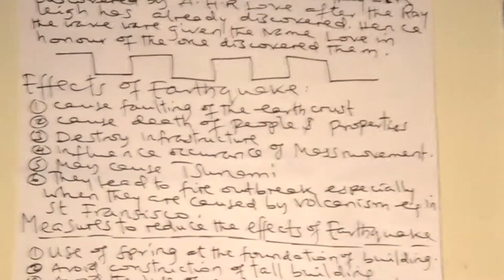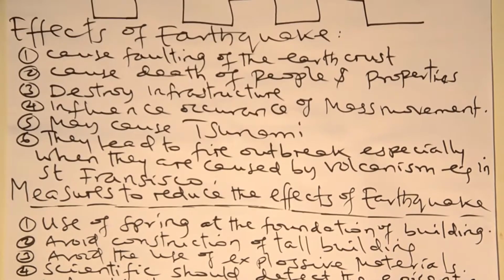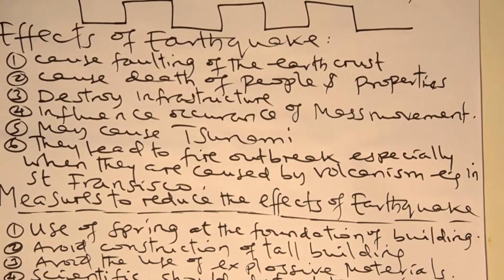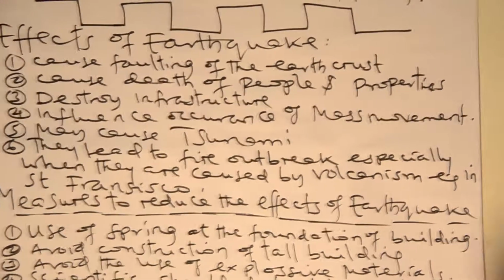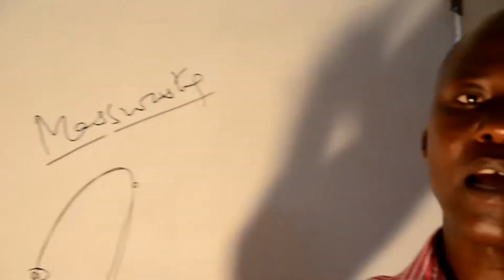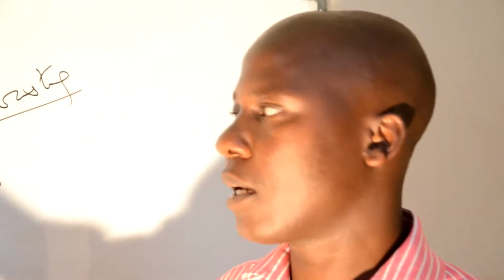For instance, the one taking place at Ol Doinyo Lengai in Arusha. Wherever this volcanism takes place, even the inhabitants of that area will be amazed, because the area will be shaking and ready for the earthquake.